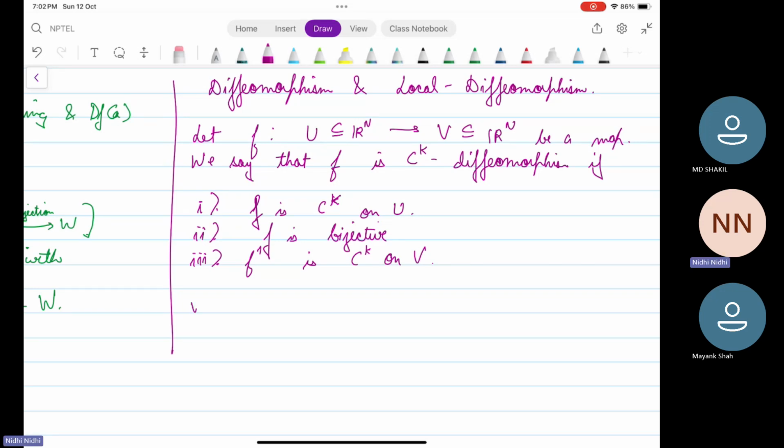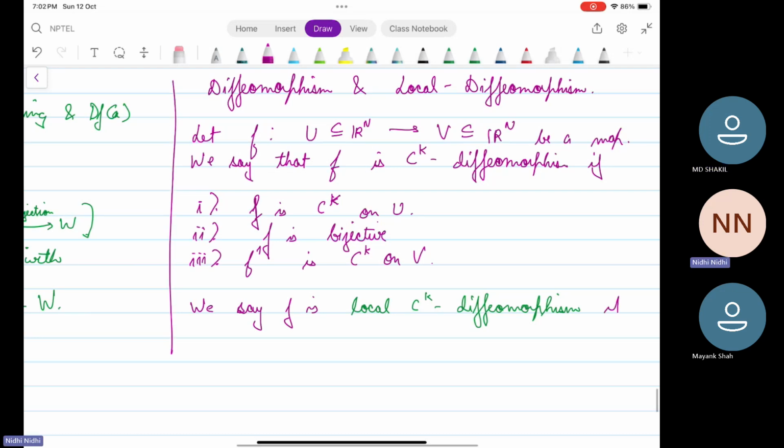We say f is a local Ck diffeomorphism. It becomes a local property; it depends on the point. For any point, we can find some locality around it.